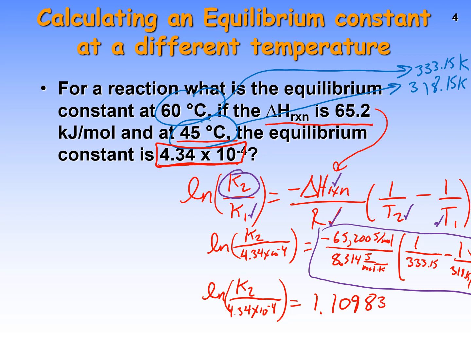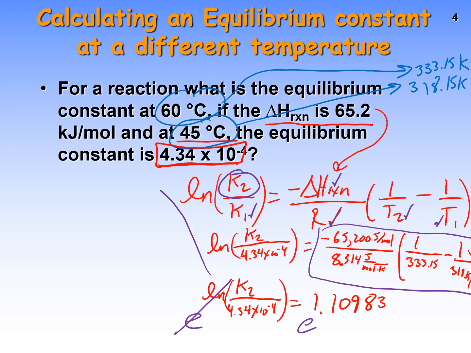And I need to get rid of that natural log on the left. So I'm going to take e to the power of everything on both sides. What this does is it'll cancel out the ln's here, and then we'll be left with just K2 over 4.34 times 10 to the negative 4 on the left, and whatever value e to the power of 1.10983 is on the right.